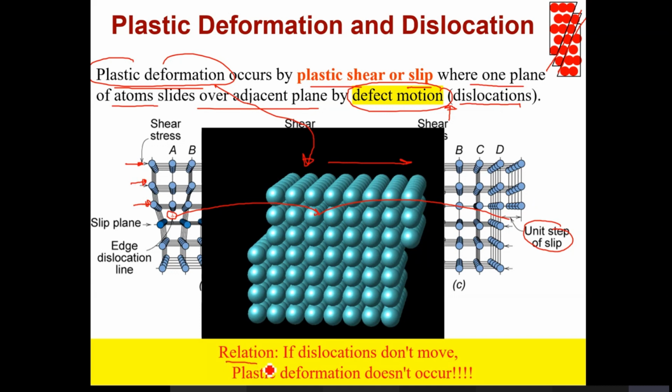What is the relationship? The relationship is that if the dislocations don't move, the plastic deformation won't occur. This is a very important point, that the movement of dislocation is basically related to the plastic deformation of the material. So far, is that clear?